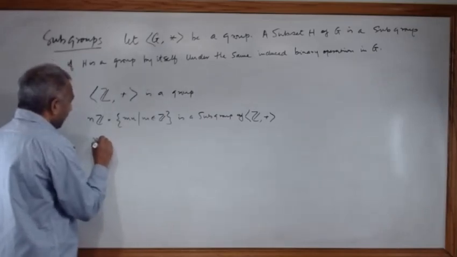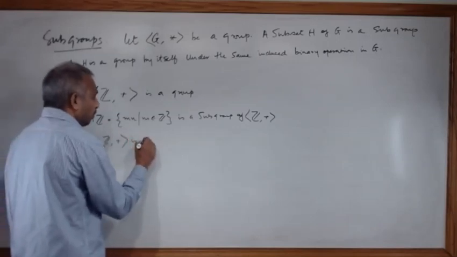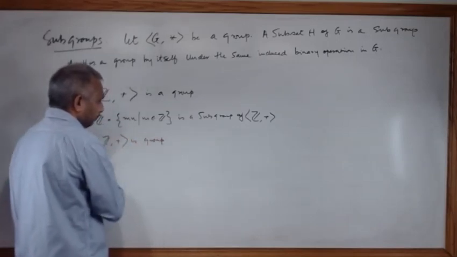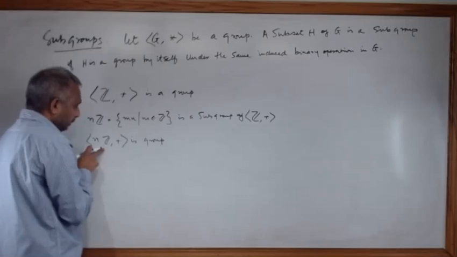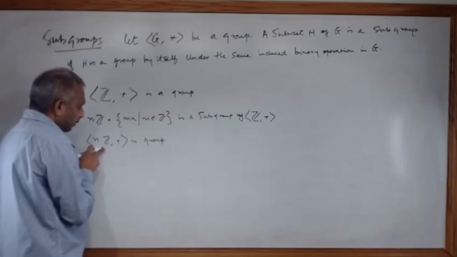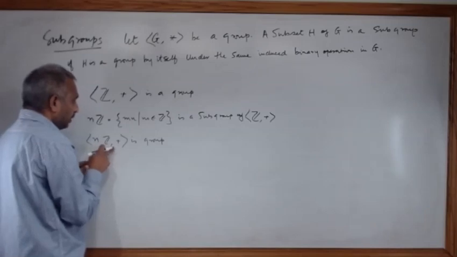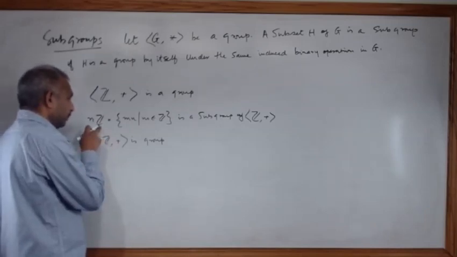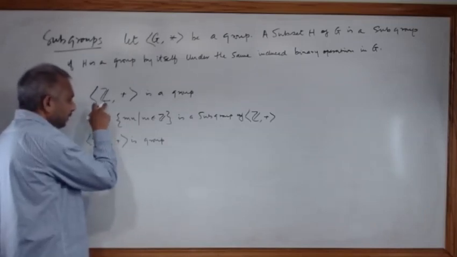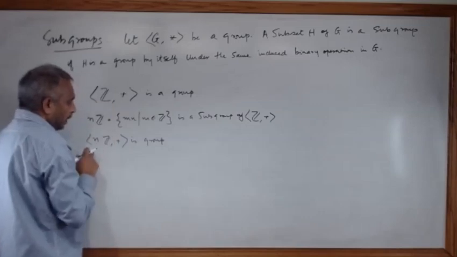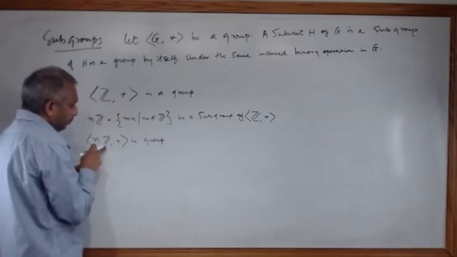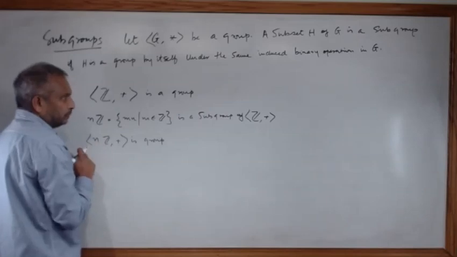Because nZ itself is a group. It has got the identity 0. It is closed under addition. It is definitely associative because it is coming from the Z. And every element here has an inverse.